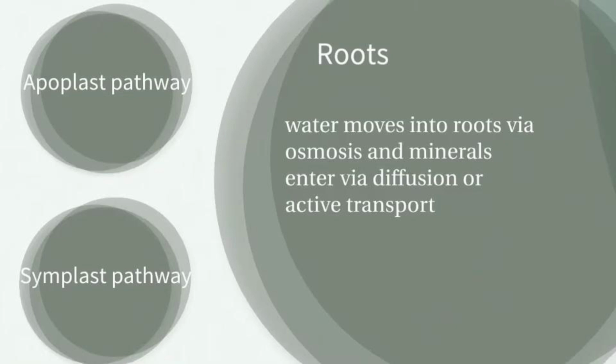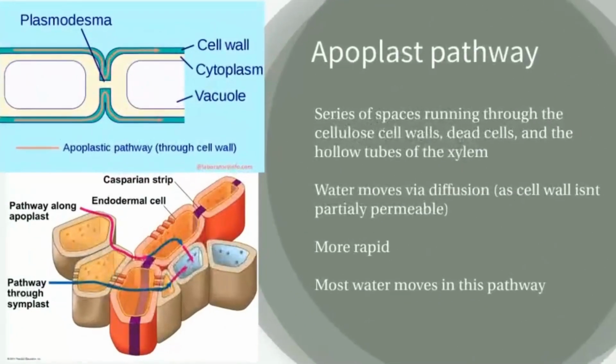So there's two ways that water can move once it's entered into the root. There's the apoplast pathway and the symplast pathway. I'm going to now go over exactly what both of those are and the ways that they are used. The apoplast pathway is a series of spaces that runs through the cellulose cell walls of the cells and also through the tubes in the xylem, and in this pathway water moves via diffusion as the cell wall isn't partially permeable.